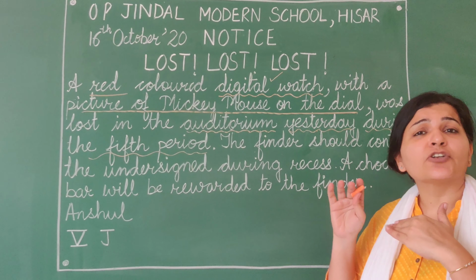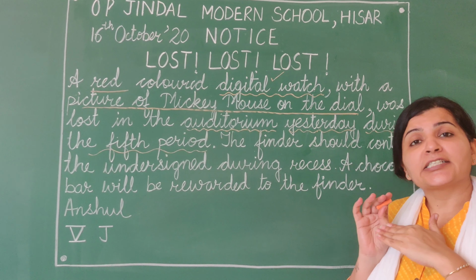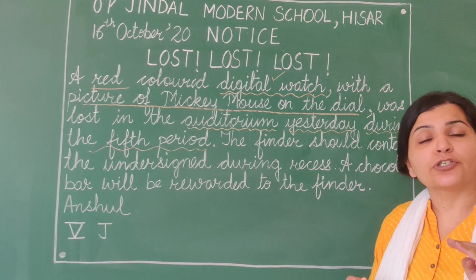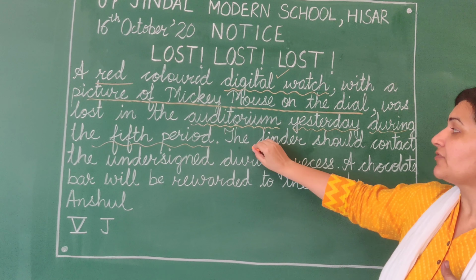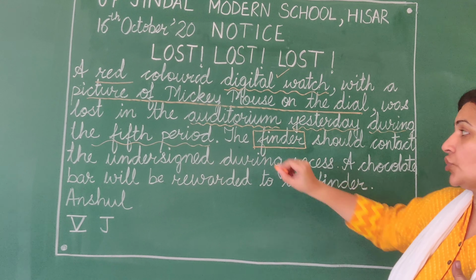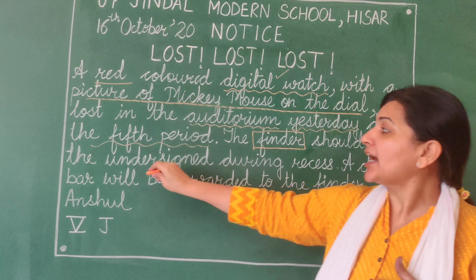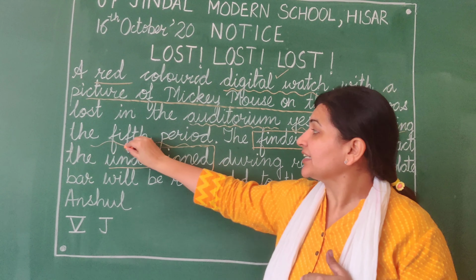The next part of the body content, children, will be that if somebody finds the watch, what should he or she do? Let's read that part. The finder. Finder means the one who finds the watch. The finder should contact the undersigned. I'll tell you what undersigned is.